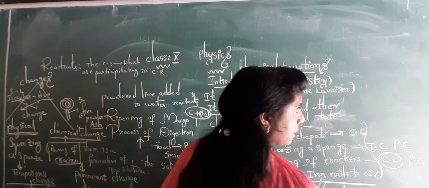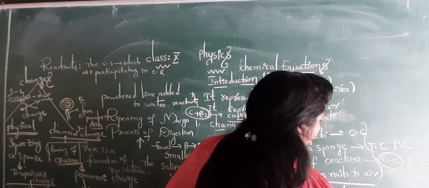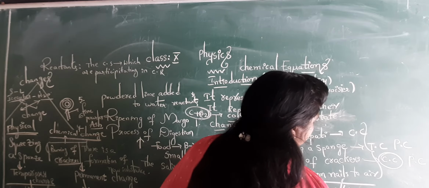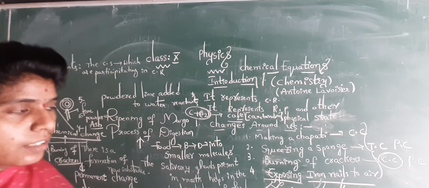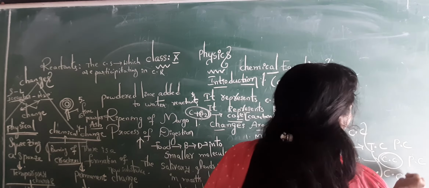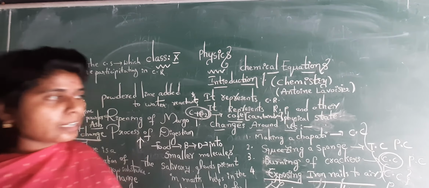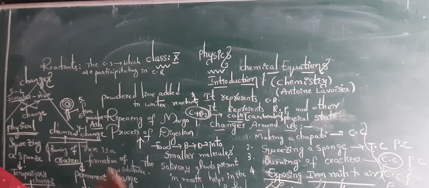Silver white turns into brown color. It cannot regain its original nature. So this is also an example of chemical change. All chemical changes are permanent changes.